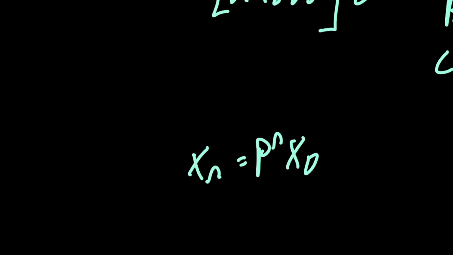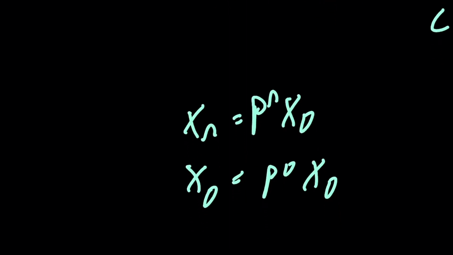So if n was 0, we would get x of 0 is equal to P of 0 times x naught, which is just x naught equals x naught. And what if we had n is equal to 2?